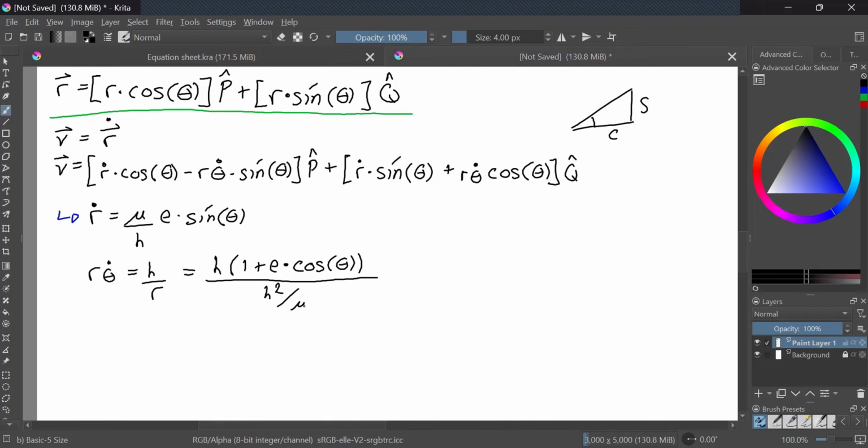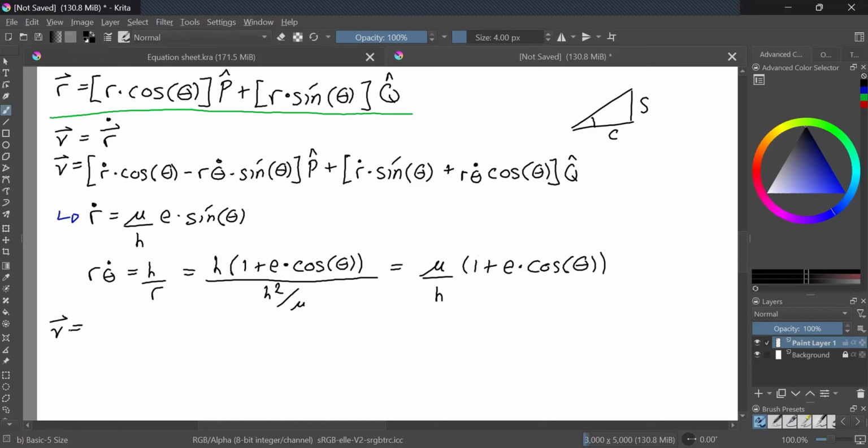And juggling things around, you can cancel out some of the h's. Move the mu up top, so you have mu by h times 1 plus eccentricity times the cosine of theta. And that's good enough to plug back in.